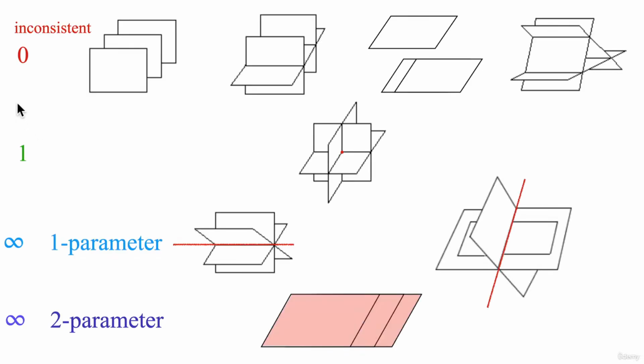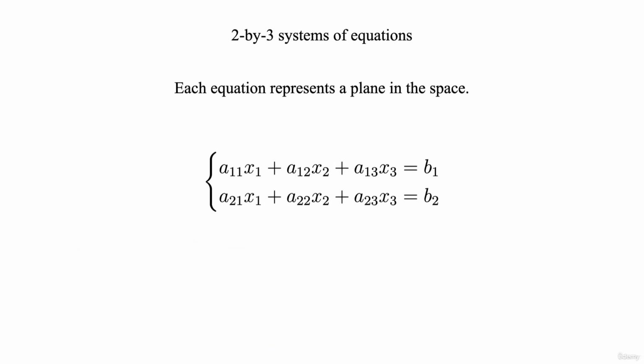And graphically we had these kinds of configurations, which represented systems with 0 solutions, 1 solution, 1 parameter solutions, and 2 parameter solutions. And now we have just 2×3 systems, which look like this, and each equation represents a plane in the space, but now we have just 2 planes.